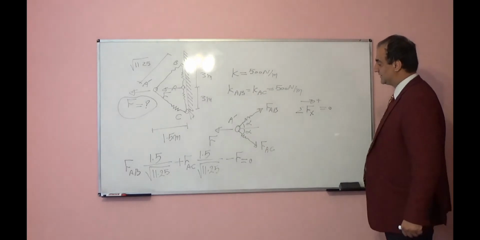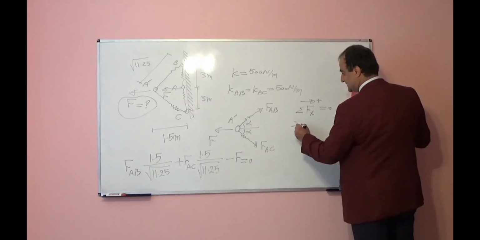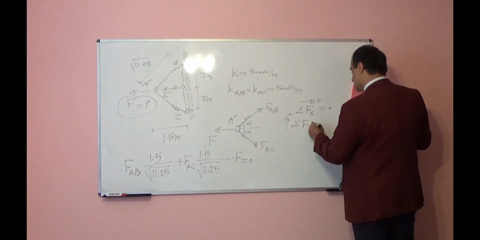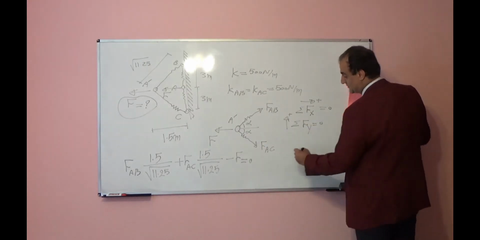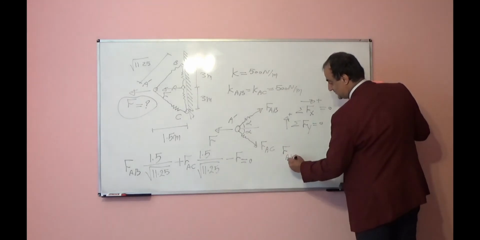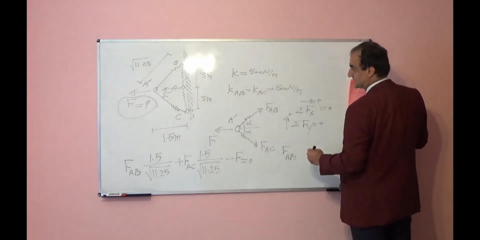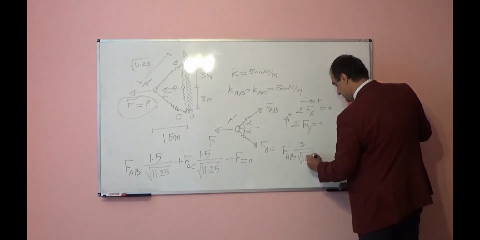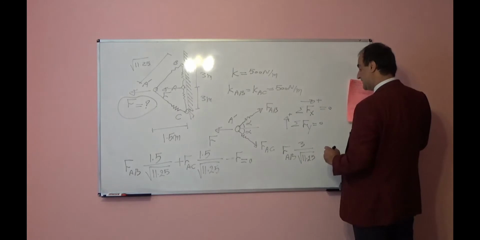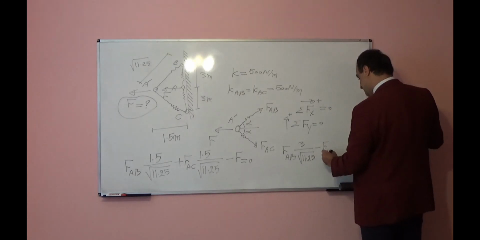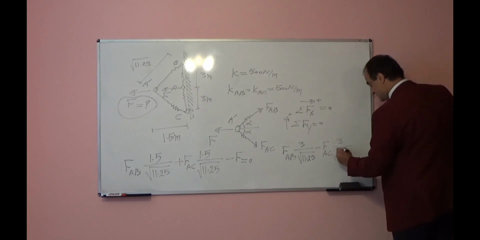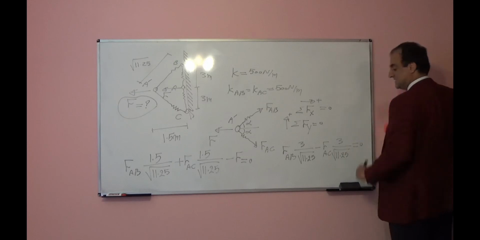On the other hand, if we write summation of forces in the y direction equal to 0, I can write FAB sine alpha. Sine alpha will be 3 divided by square root of 11.25, minus FAC sine alpha again 3 divided by square root of 11.25, is equal to 0.